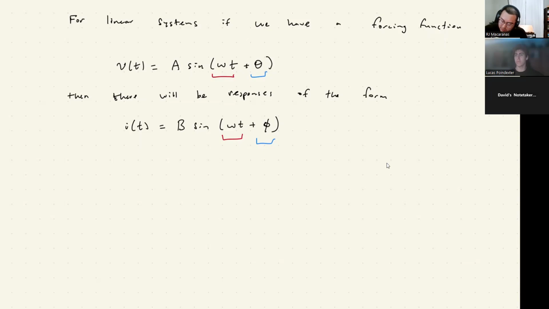All right. So the next thing we want to look at here. RJ, yeah, what's up? When they say the response of the form, does response mean the behavior of the circuit based on the forcing function? Yeah, exactly. And you could have a current forcing function, right?